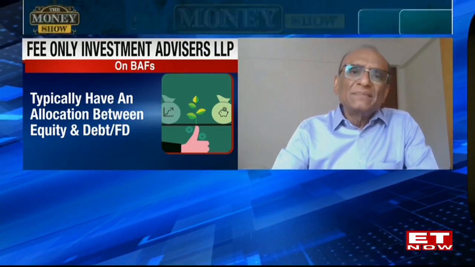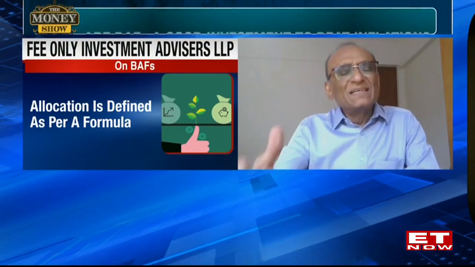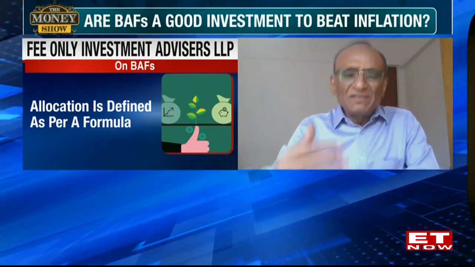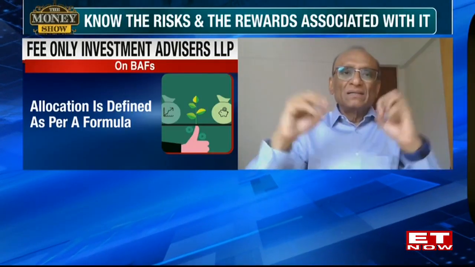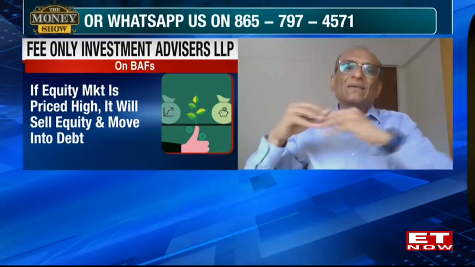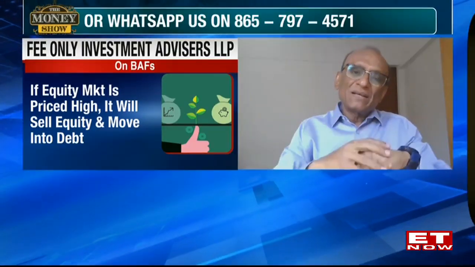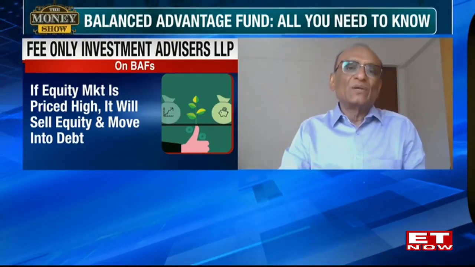And typically, the formula is basically whenever the equity market, as per the formula, is priced high, it will sell equity and move into debt. Whenever the equity market is priced low, it will sell debt and move into equity.